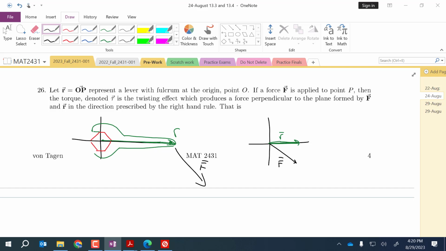Torque is equal to the magnitude of our R cross F. I should have done the F in a different color, but I didn't. Folks, I apologize. It's not the magnitude. It's just the vector itself. It's just the cross product of those. Sorry about that.